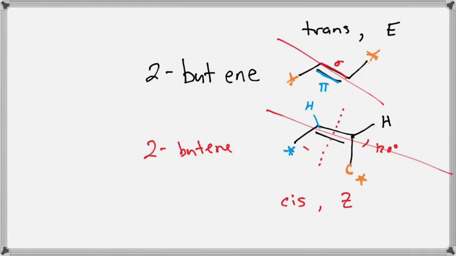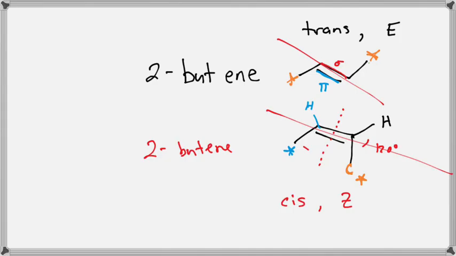Cis and trans describe where any two things are relative to each other. So if they're on the same side or opposite side. It says nothing about the identity of what those things are. So I could reference the hydrogens and say the hydrogens in this bottom one are cis to each other. Do I care about hydrogens when I go in and look at my name?